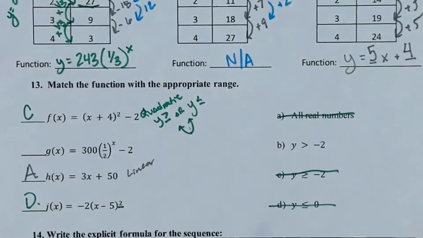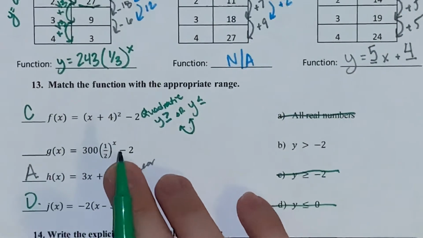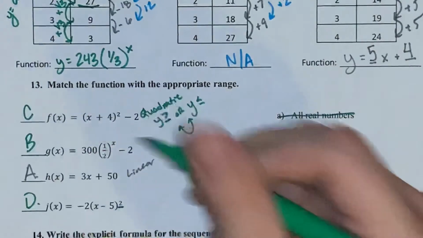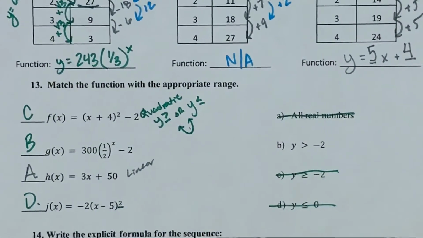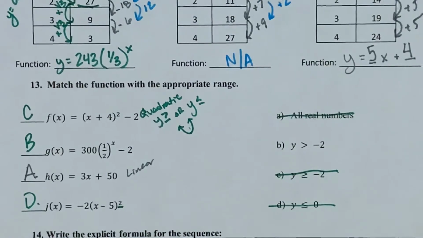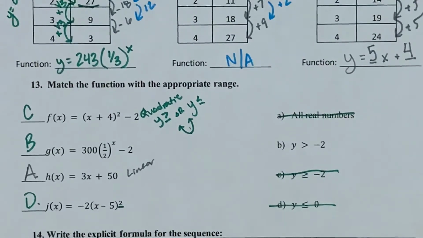Which, good news, means I can avoid trying to plug this into my calculator because all three of these have been eliminated. B is g of x. It's also a dead giveaway because if it's just greater than or less than, not greater than or equal to or less than or equal to, then it's going to be an exponential function.